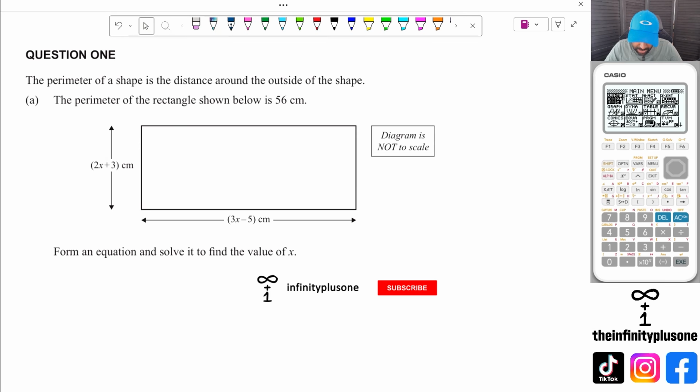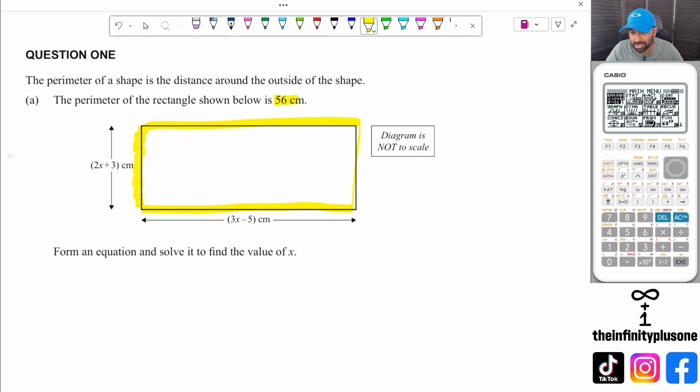Right, so for the first question here, what we've got is we've been given the perimeter, which is 56 centimeters, and we've got to figure out what x is. Now, we know that the 56 centimeters is the perimeter, which means this entire yellow border is 56 centimeters. There's a couple of ways you could do this. You could halve it.